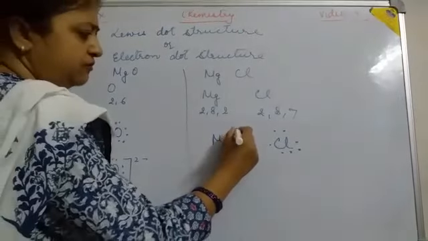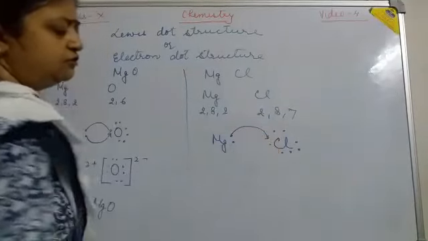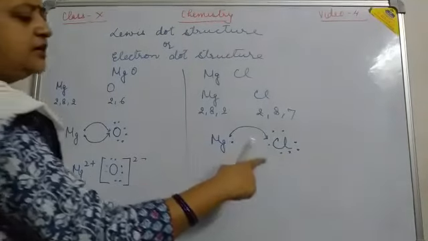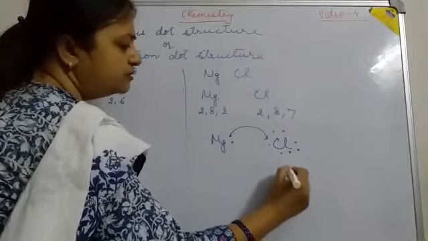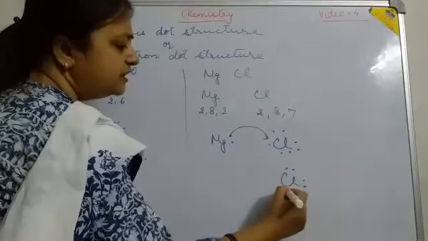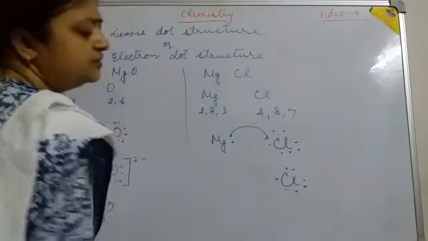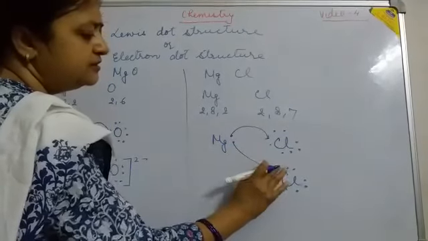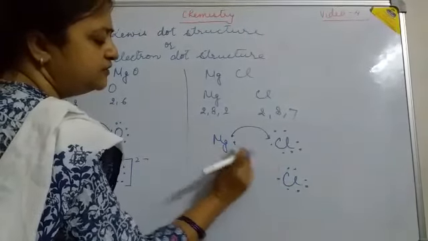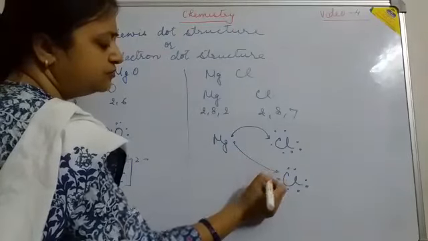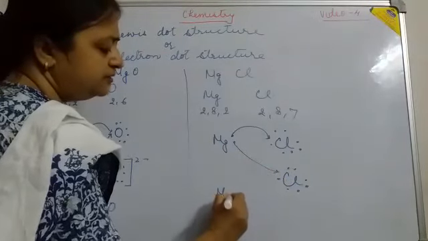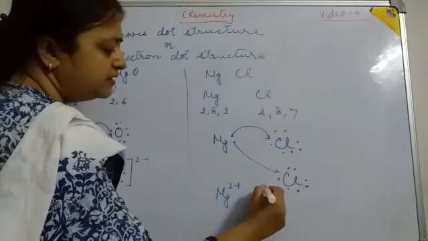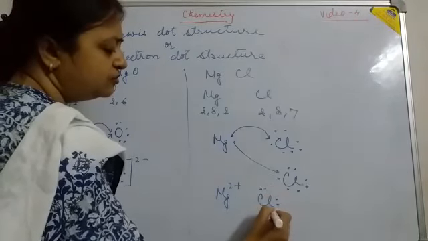1 electron of magnesium is transferred to the chlorine. What about this other electron? This electron needs another atom of chlorine. So, you can write here another chlorine, and transfer this electron to this chlorine. Now, magnesium becomes magnesium 2 plus, and how would you write this chlorine?